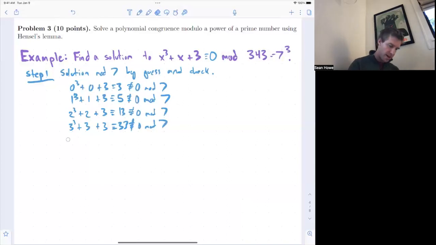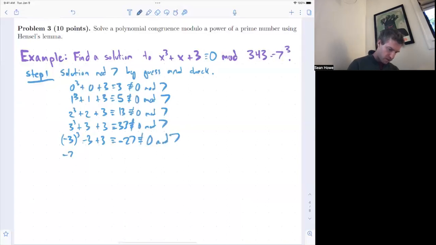So if I do minus 3 cubed plus 3, so plus minus 3 plus 3, minus 3 cubed is minus 27, minus 3 is minus 30, plus 3. Oh yeah, so this is minus 27, this is not 0 mod 7.